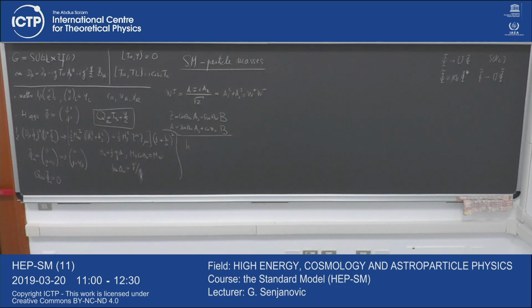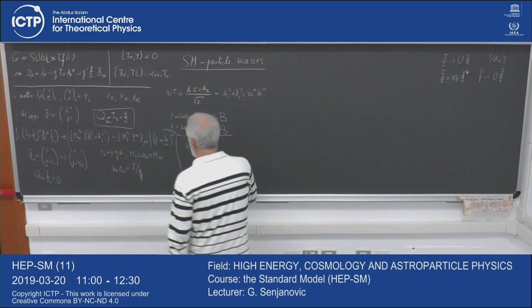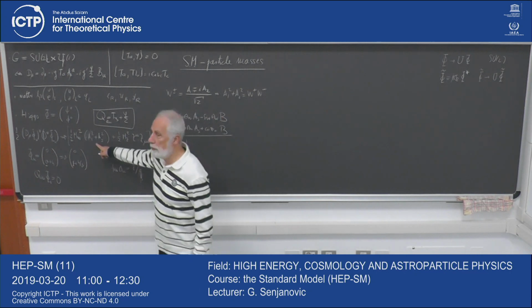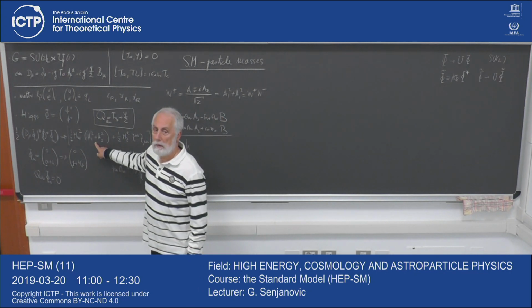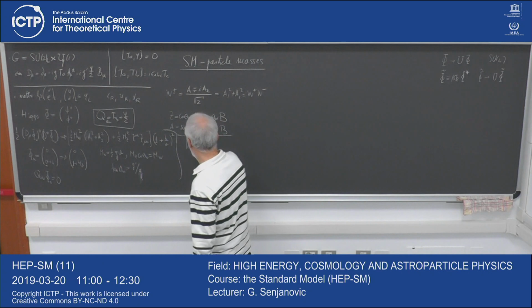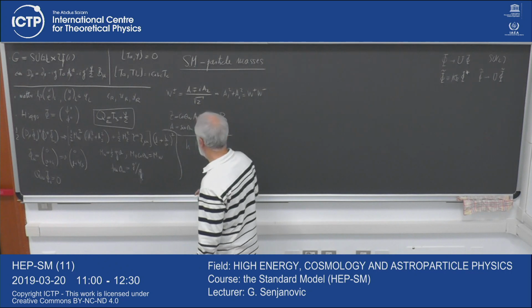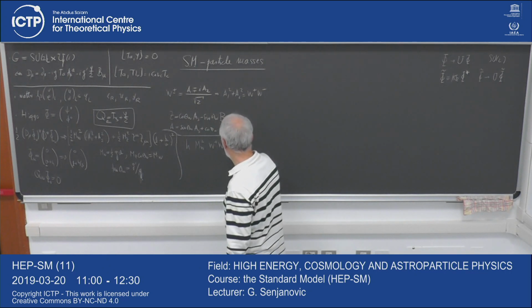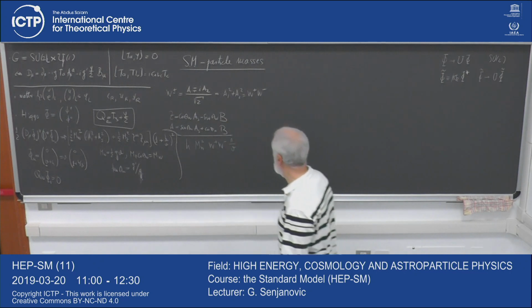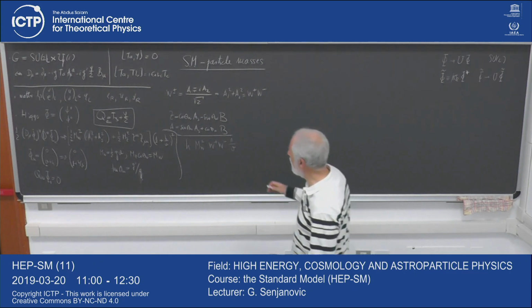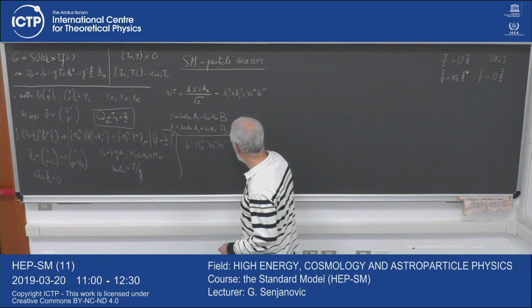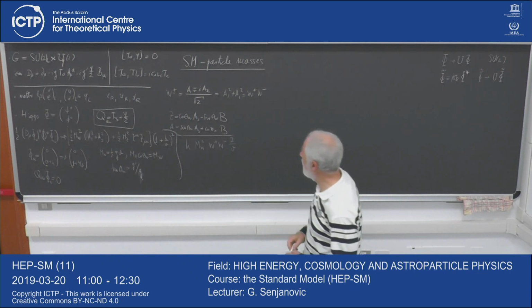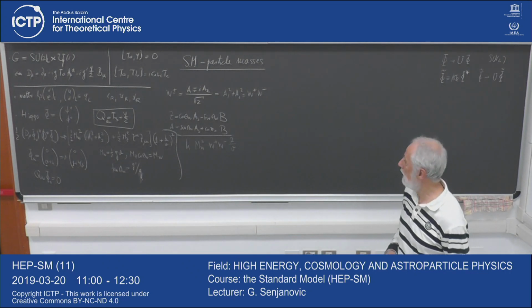So there is always a relative overall factor that is the same. So I will get a factor of 2 here, right? I will get m_W square, W plus W minus, and then I will get 1 over v. Or maybe 2 over v. Correct? Yes.